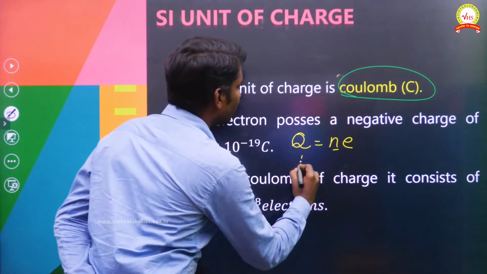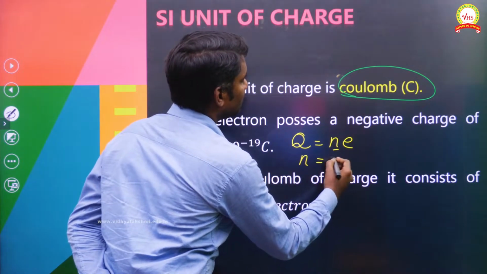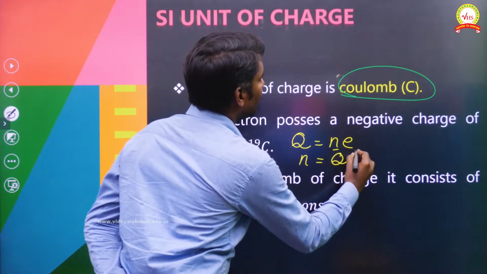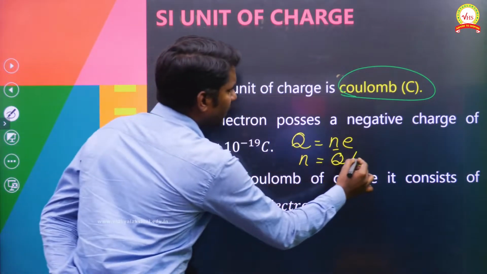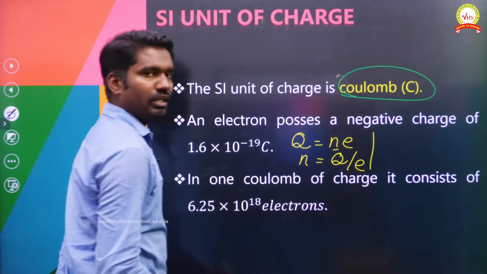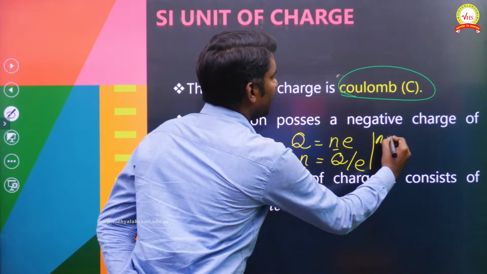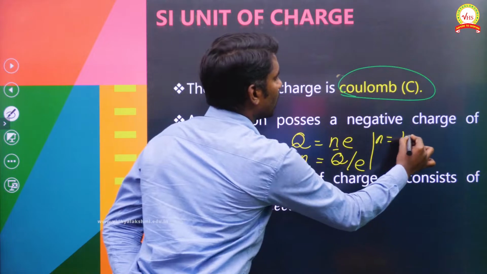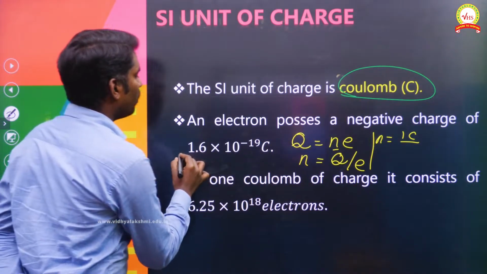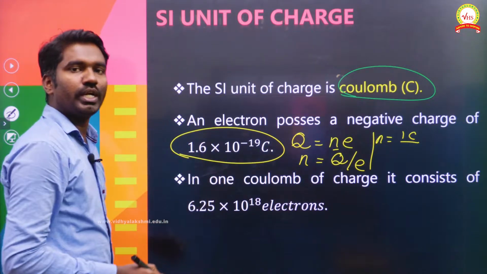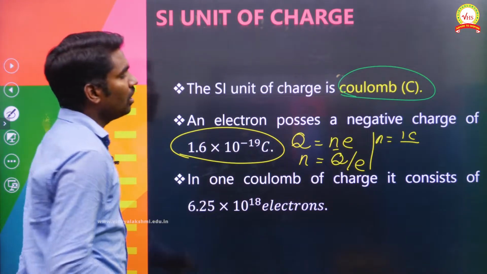If I need to calculate that, we can just rearrange the formula: N is equal to Q by E. So N will be equal to Q, whose value is 1 coulomb, divided by the charge of an electron. We know that it is 1.6 into 10 to the power of minus 19 coulomb.